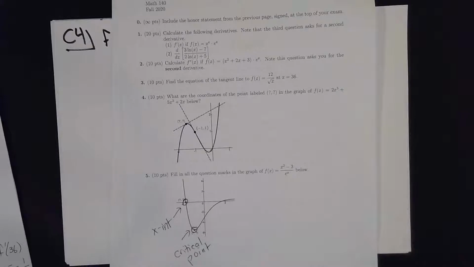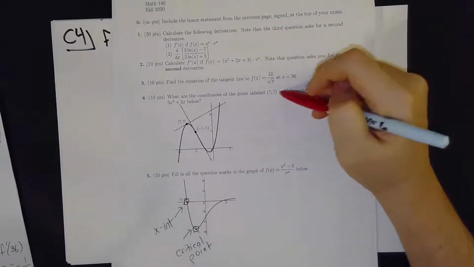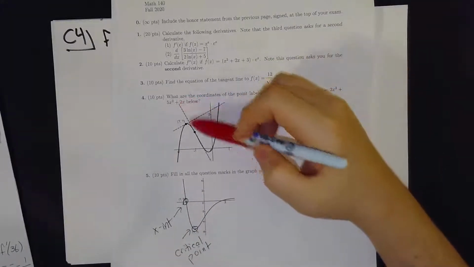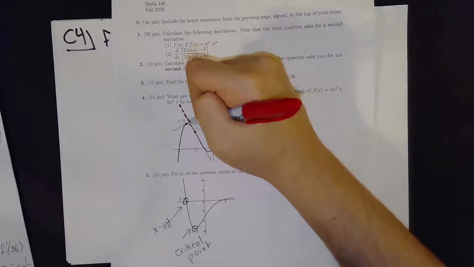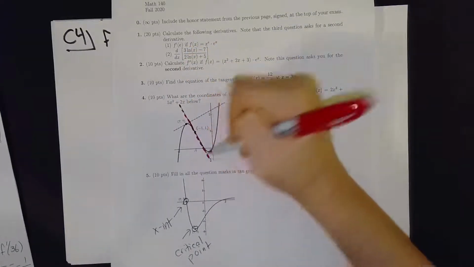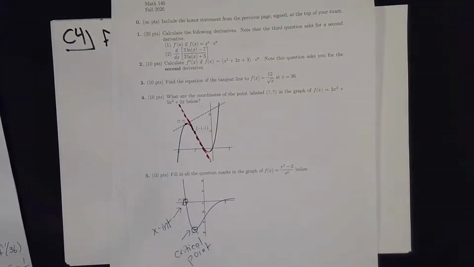So when I look at the graph, I see that what's going on here involves these two lines. I'll go ahead and dash one of them in red and one of them in blue.